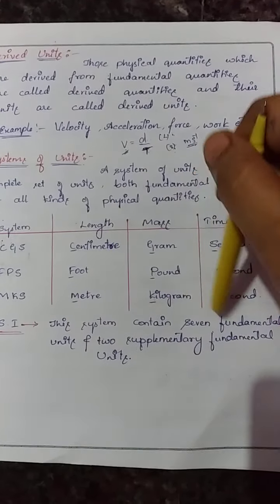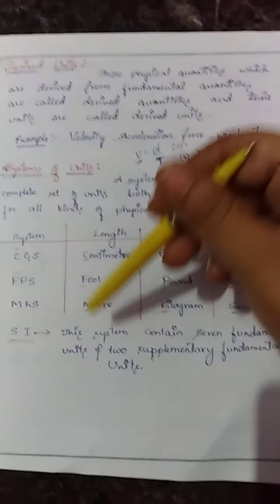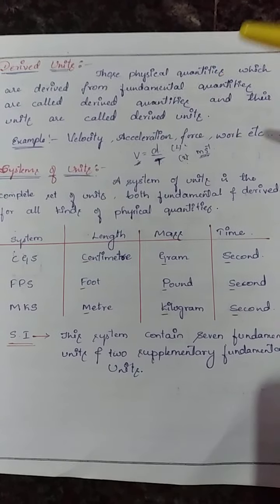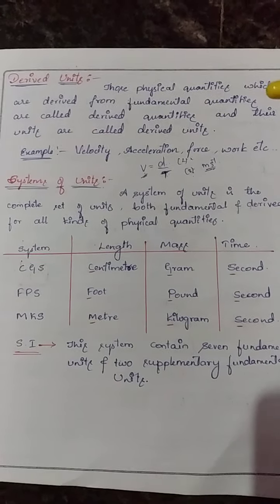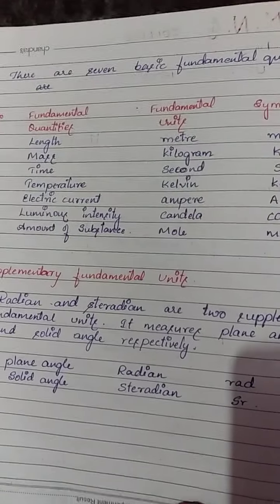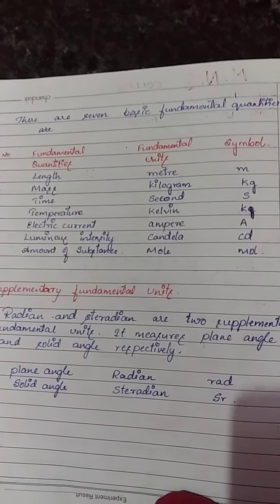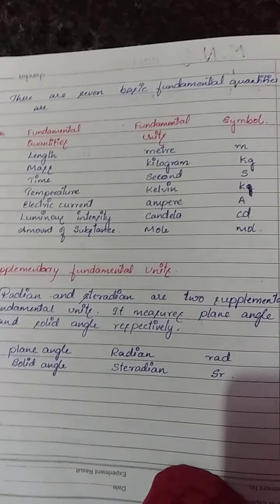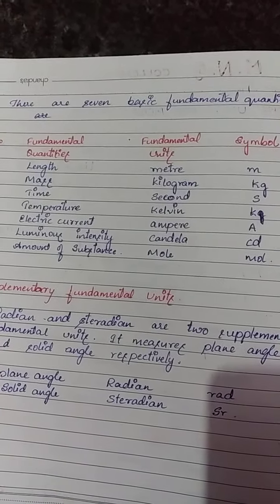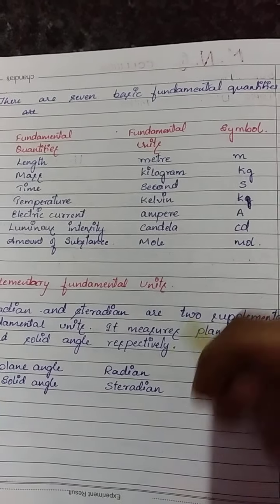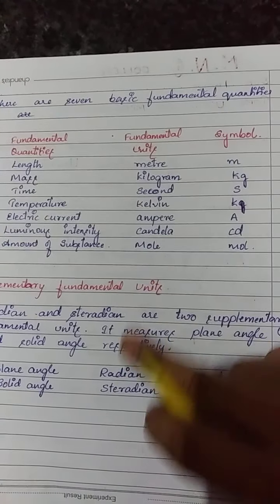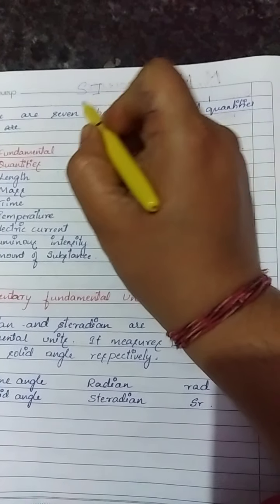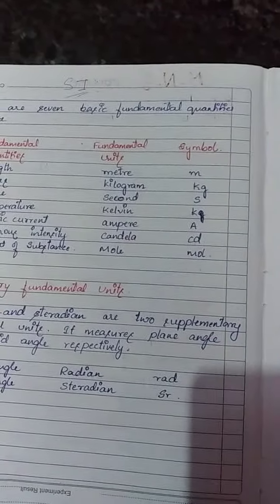Those 7 fundamental quantities and the supplementary fundamental quantities or units are considered as the SI system, to avoid confusions and difficulties. Okay, so today's class is over.